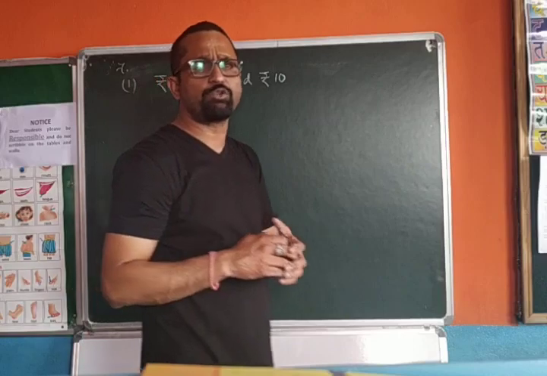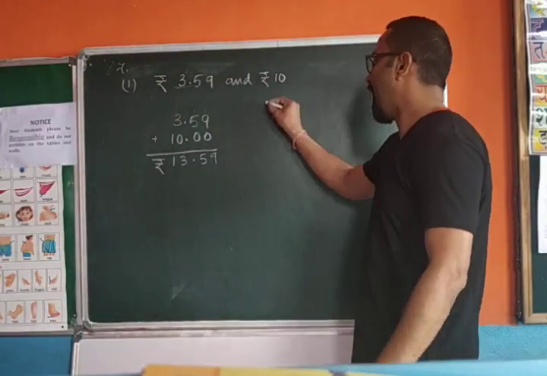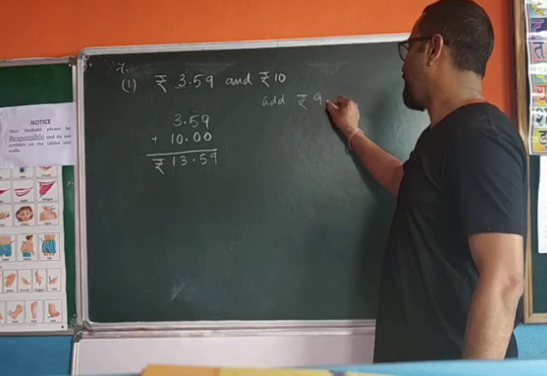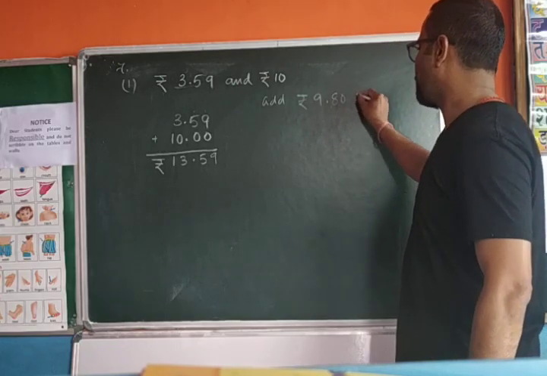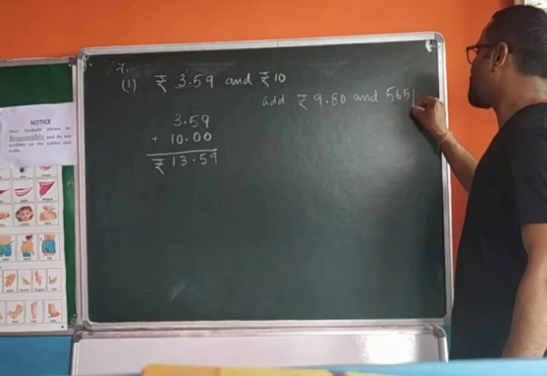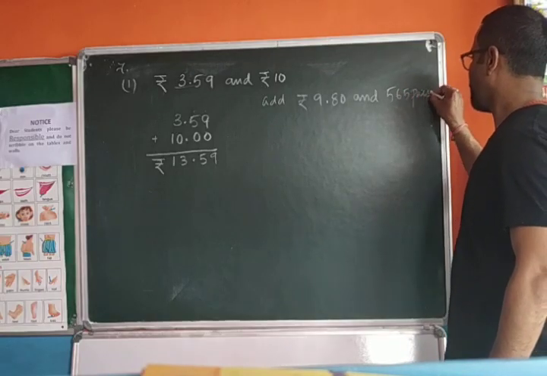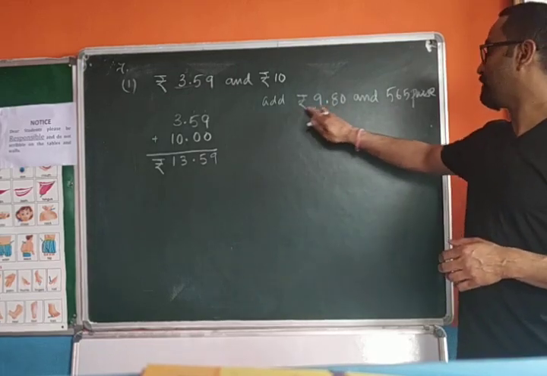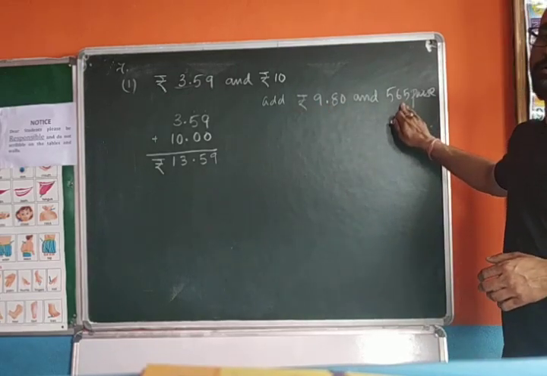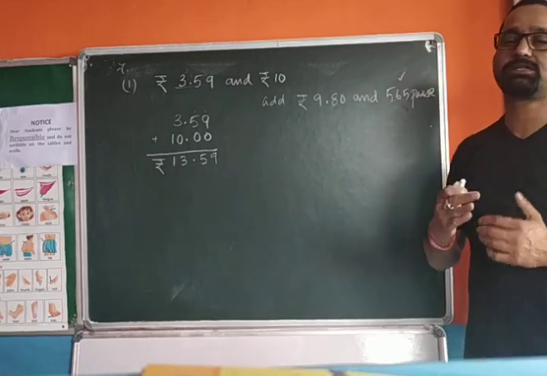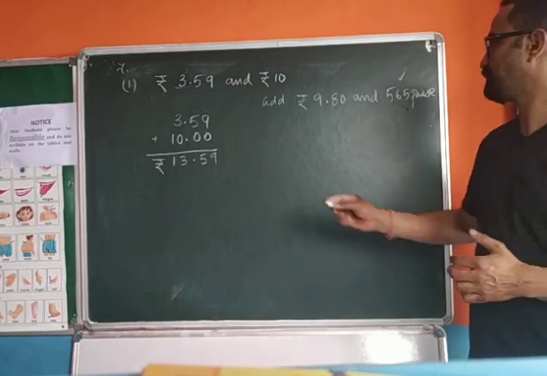You may be getting questions like this. Add rupees 9.80 and 565 paise. You cannot proceed with addition because you have 2 different units. So what you need to do, you have to convert this paise into rupees first.